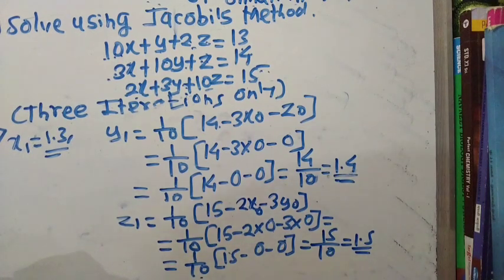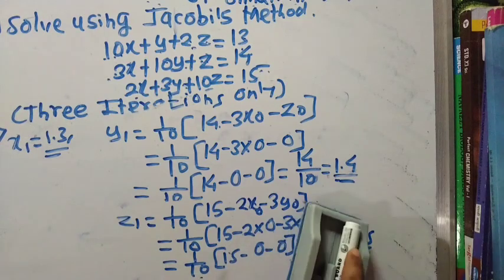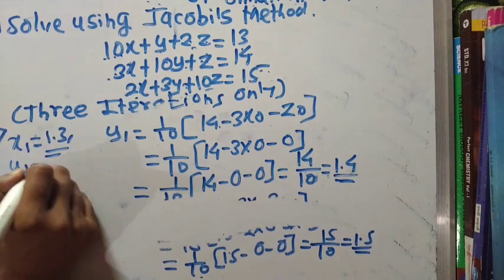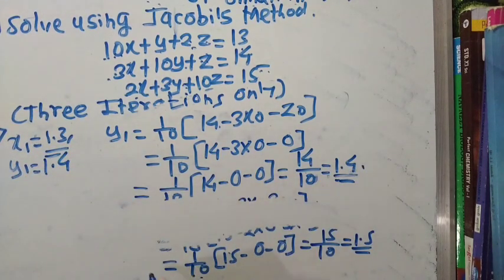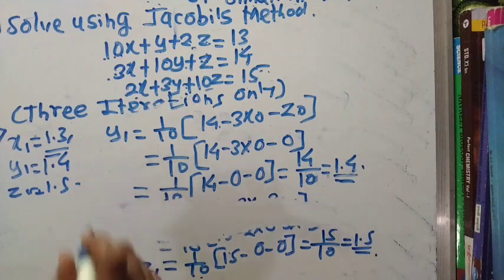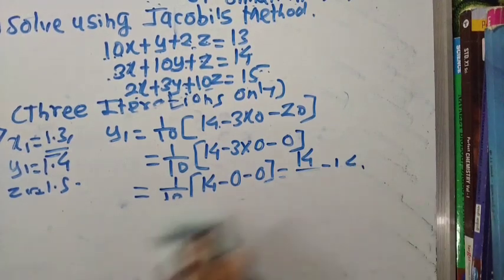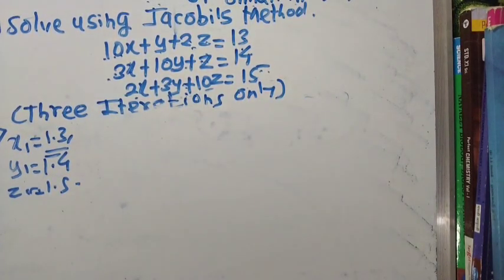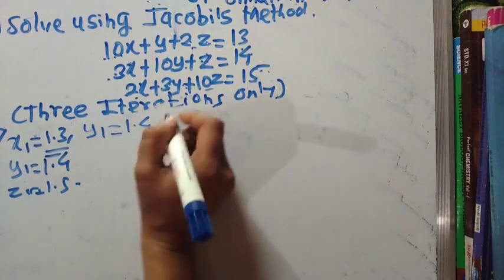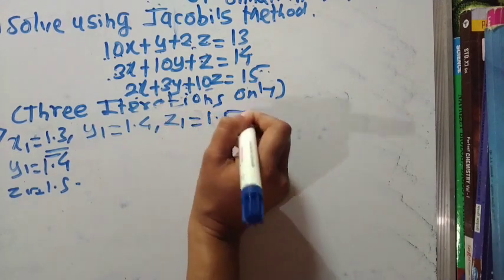So for the first iteration, we get x1 is equal to 1.3, y1 is equal to 1.4 and z1 is equal to 1.5.